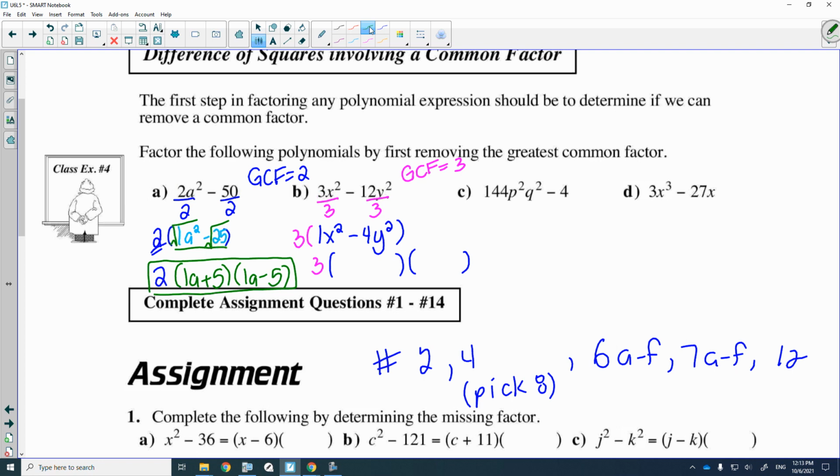Serena, what would you get each further factor to be? Nope. So, yep, you're close. Carly, do you know? Yep, what would these 2 factors be?